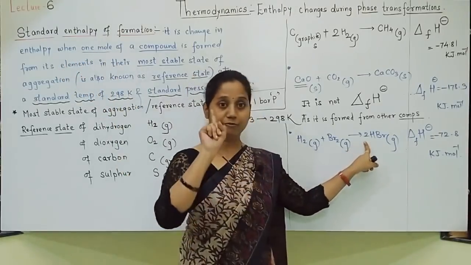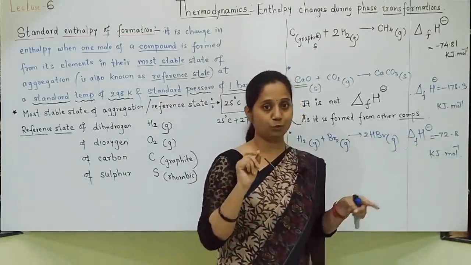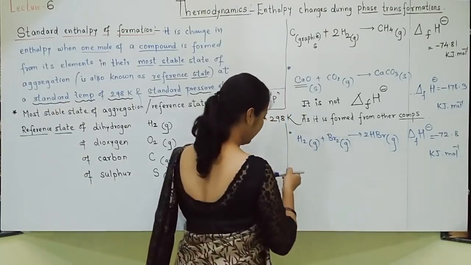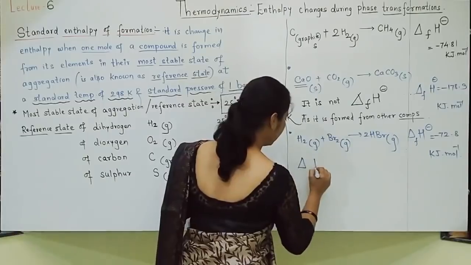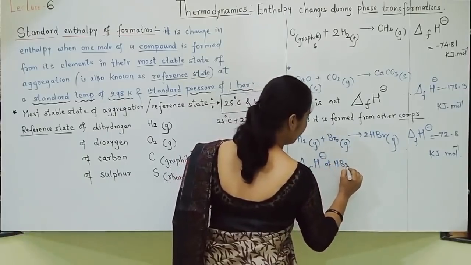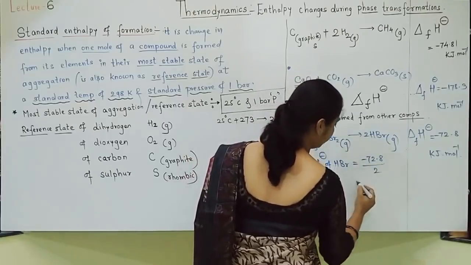So this should form 1 mole, and for 1 mole you should divide this answer by 2 because this is for 2 HBr. So if you want to find delta H for formation of HBr, the value must be divided by 2.